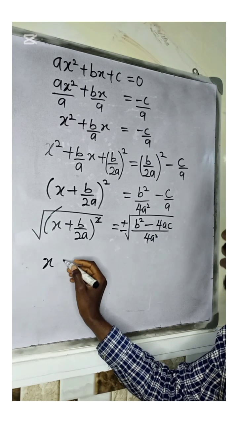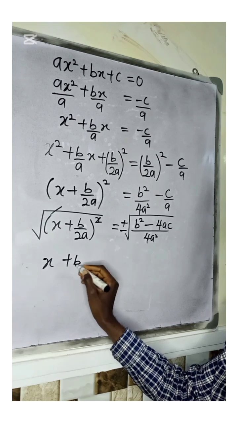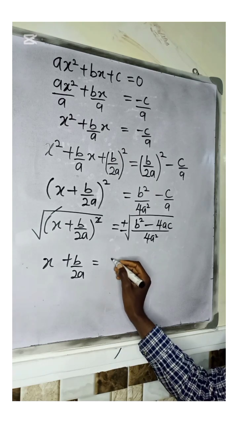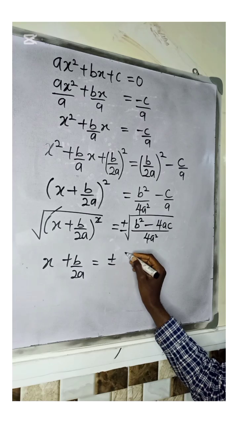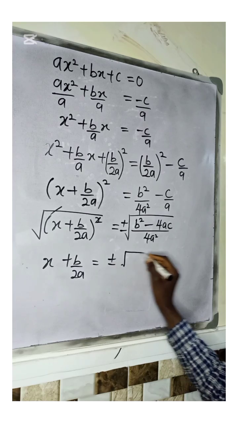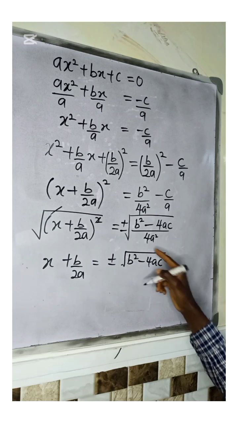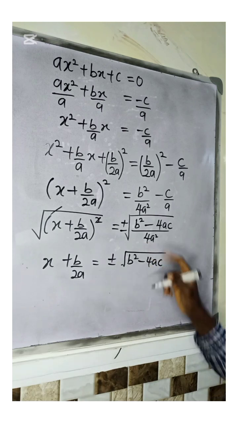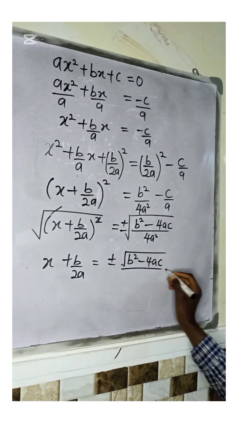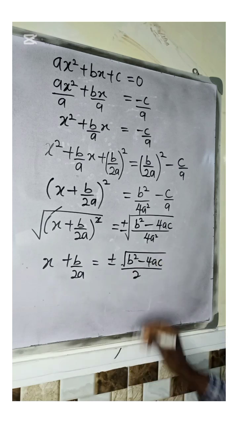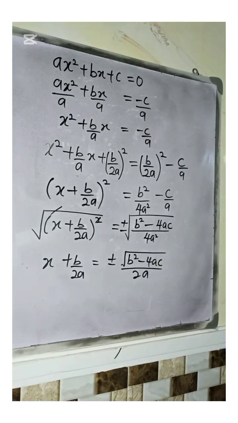We have x plus b over 2a equal to plus or minus the square root of b squared minus 4ac. The square root of 4a squared will give us, square root of 4 is 2, and square root of a squared is a.